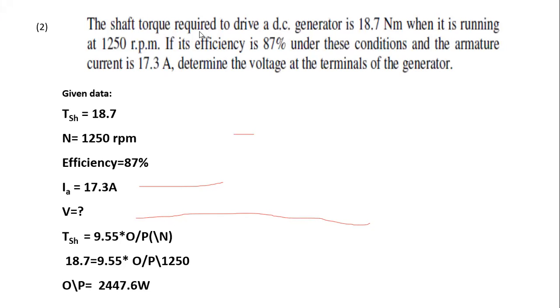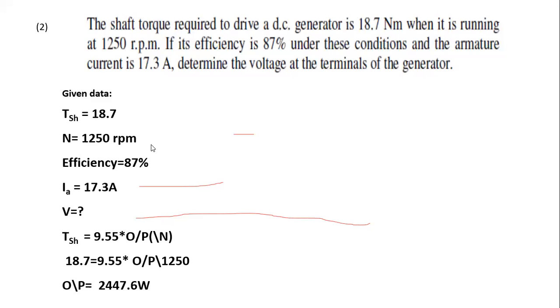The shaft torque required to drive a DC generator is 18.7 Newton meters. Therefore Tsh is equal to 18.7 Newton meters, when it is running at 1250 RPM.